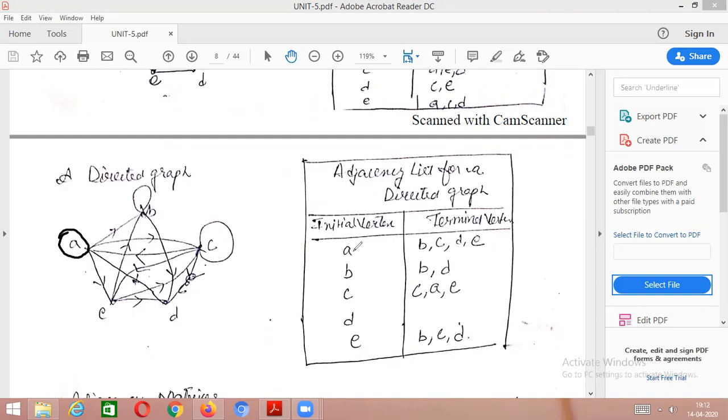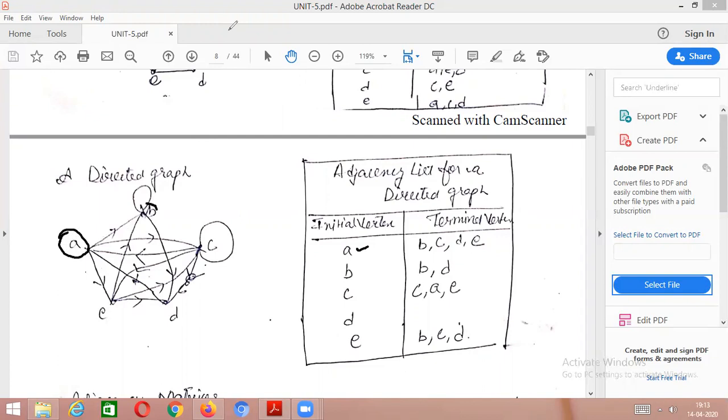When you come to vertex A, the edge which is going outwards to another vertex, that vertex is called an adjacent vertex to A. One more time I'm repeating. If you want to find the adjacent vertices of the vertex A, you have to see the direction of the edges which are going outwards. In the outwards direction, whichever vertex is there, that vertex is called an adjacent vertex.